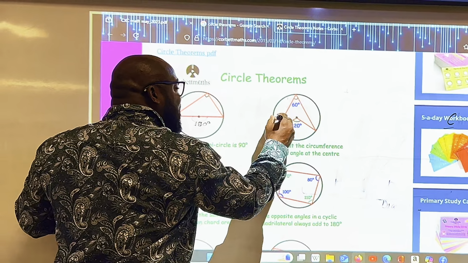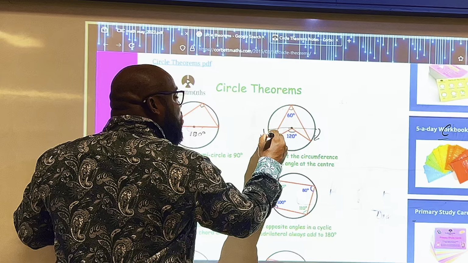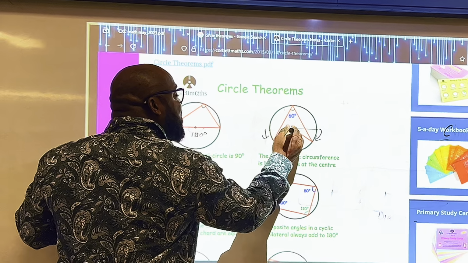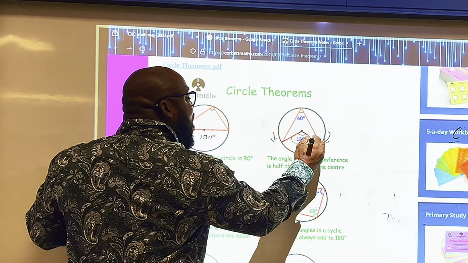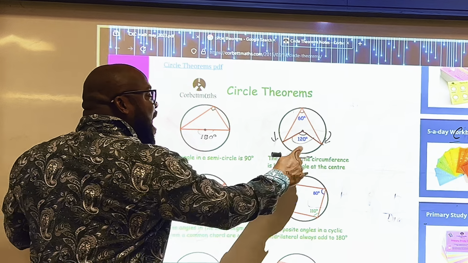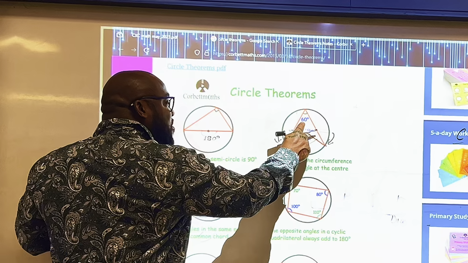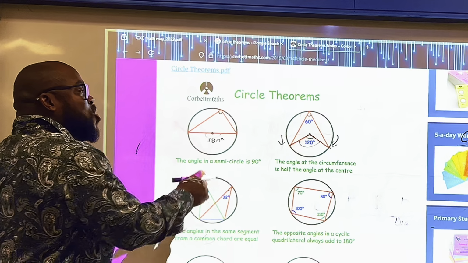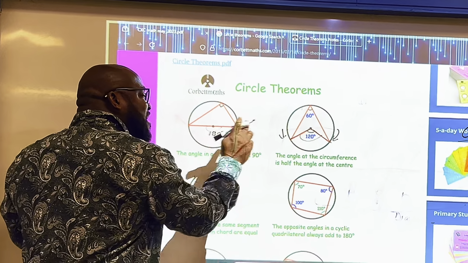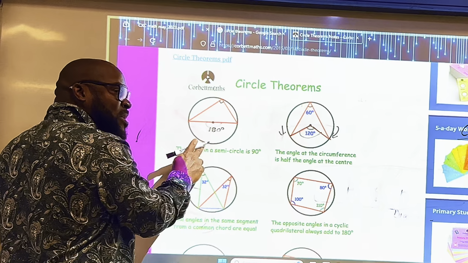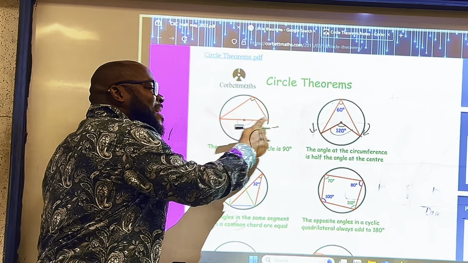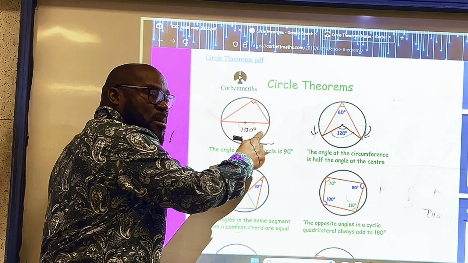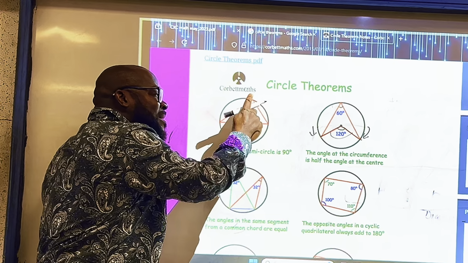If I take the straight line and bring it down this way and down this way, this is now 120. Half of 120 is 60. You see that? So these two theorems are exactly the same, but this is a special case where it's formed from a diameter. Half of 180 is 90.